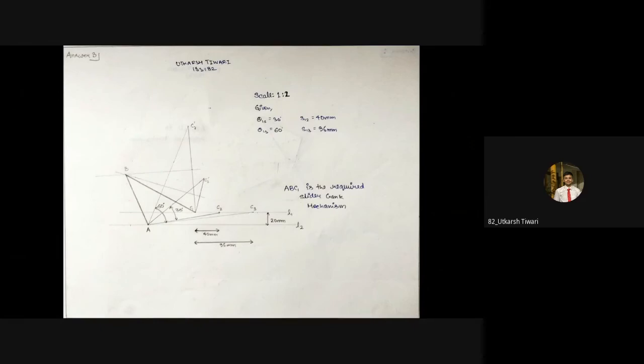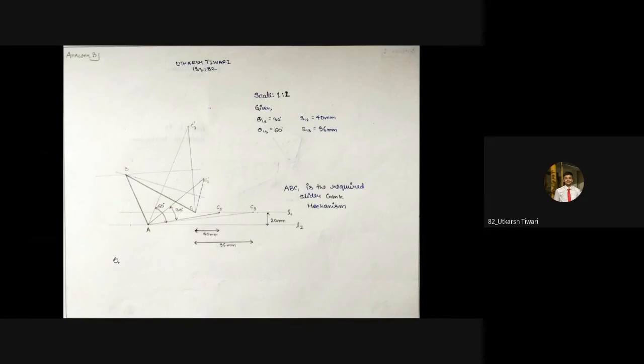Then we have to draw the 3 points C1, C2 and C3 such that C1 and C2 are 40 millimeter apart and C1 and C3 are 96 millimeter apart.